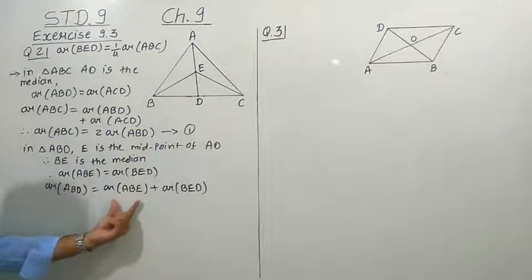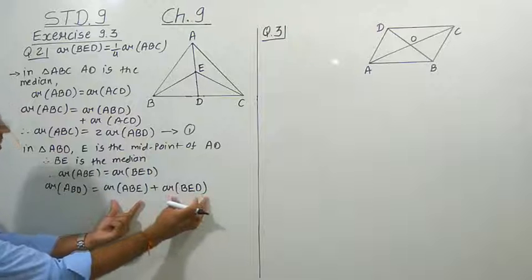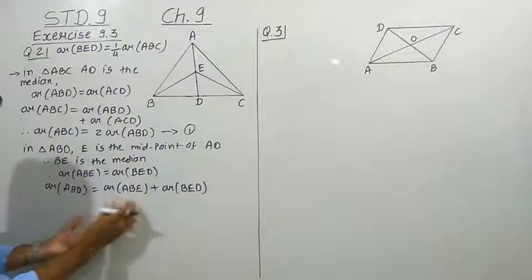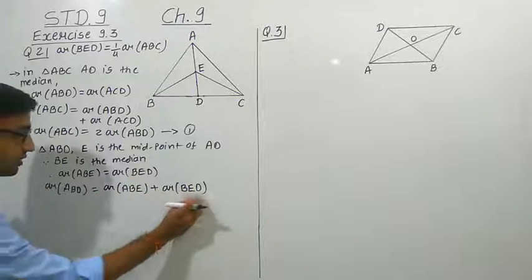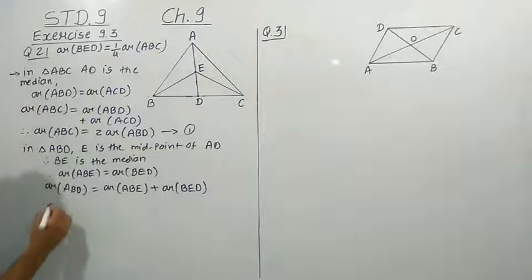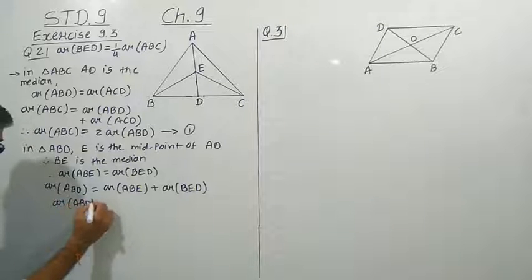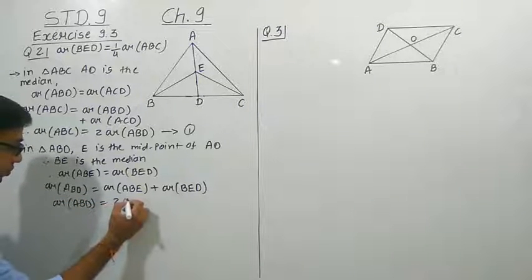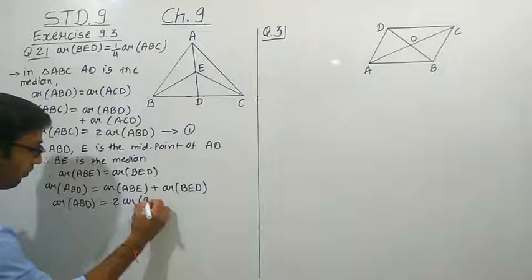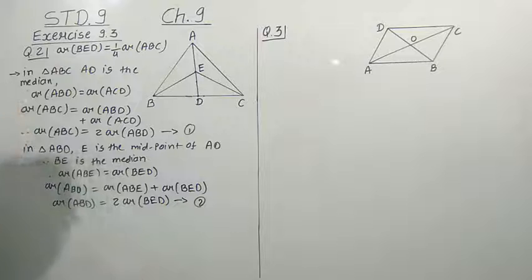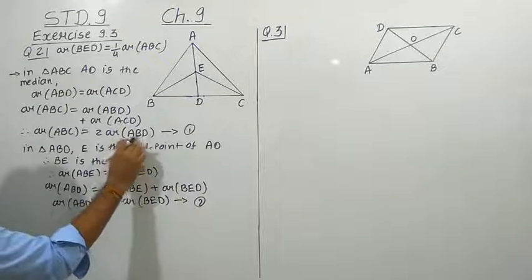Now here also we can replace this area of ABE with BED. So here we get area of BED plus area of BED. So area of ABD is equal to 2 times area of BED. Give it the equation number 2. Now see, here we have area of BED.